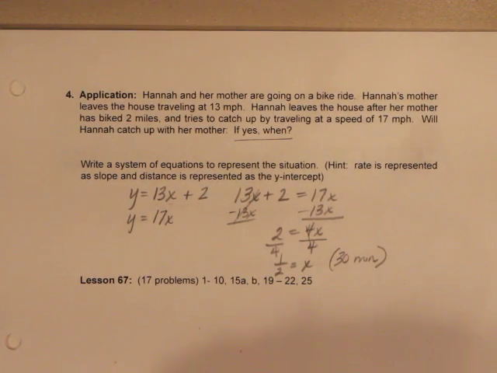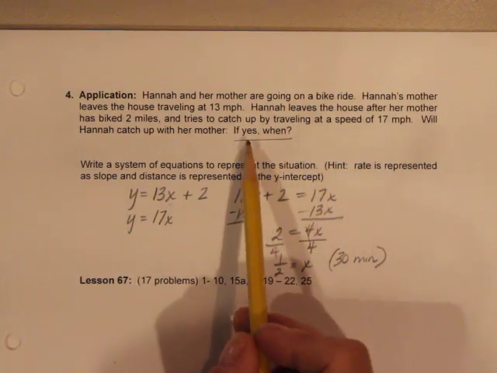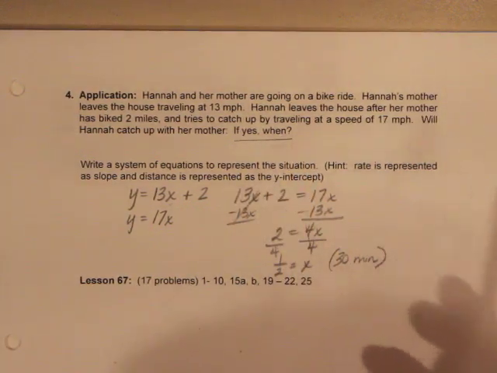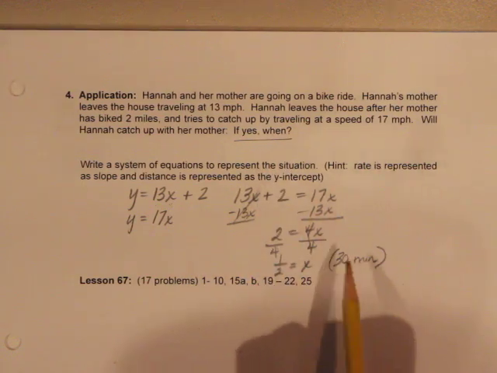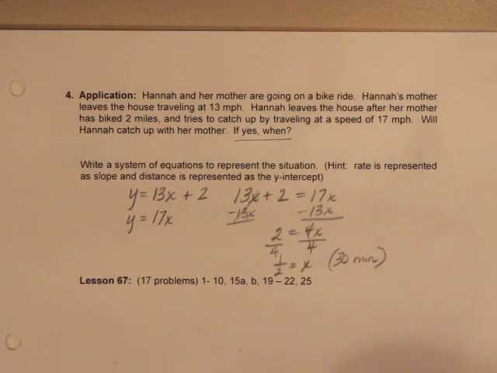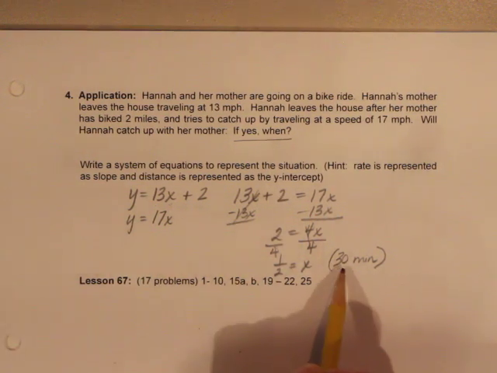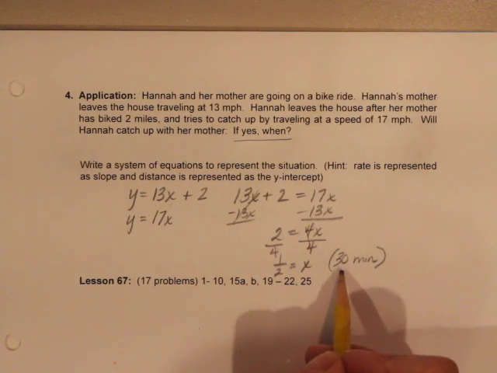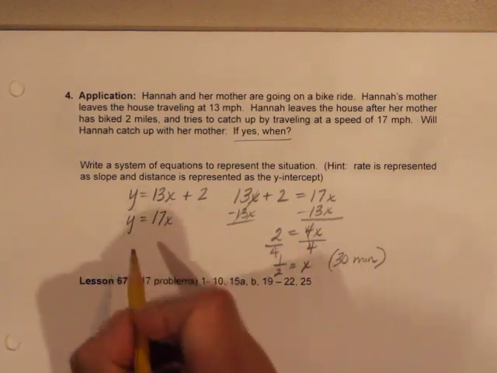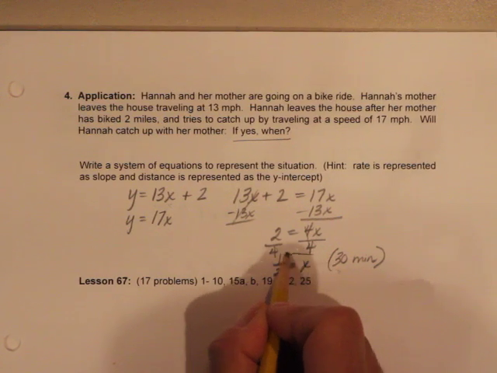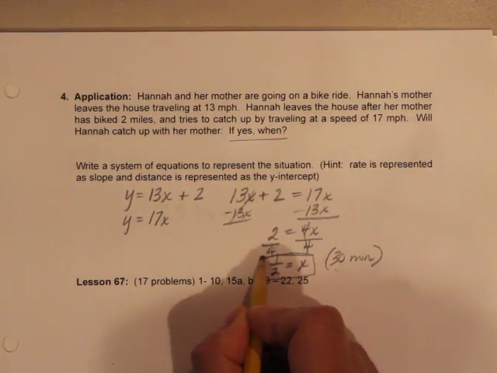Now, it doesn't say necessarily if yes, where, but we could solve that also, because we know when, we know she's going to catch up with her at 30 minutes. So if we put that in, we're not going to put in a 30, we're going to put in 1/2, because that's what we got here. We're working in terms of hours.